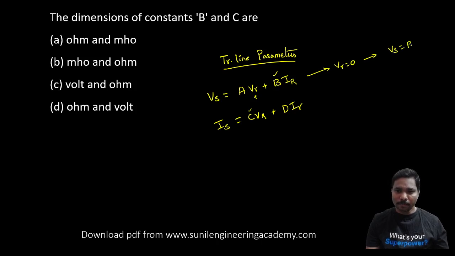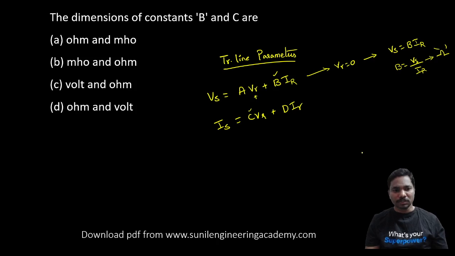Then what you will get? VS is equal to B IR. From this one, B is equal to voltage by current. Voltage by current is resistance. Resistance means ohms. We have two options there, so you need to calculate this one also. Here, if you want to get the C, make IR as 0.